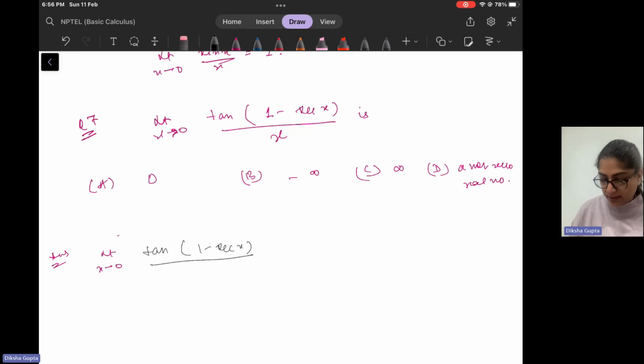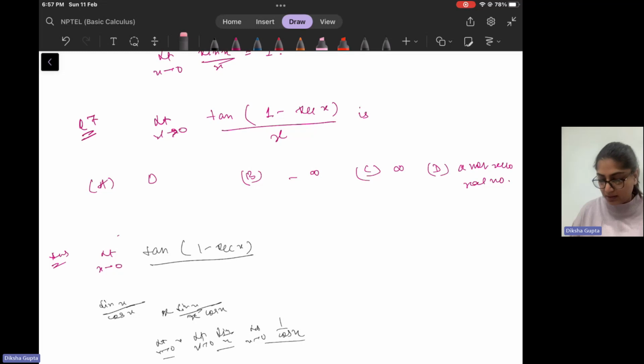What we are trying to do is write tan x as sin x by cos x, and then separate the limits: limit x tending to 0 of sin x by x, and limit x tending to 0 of 1 by cos x. So this is 0, this is 1, this is 1.